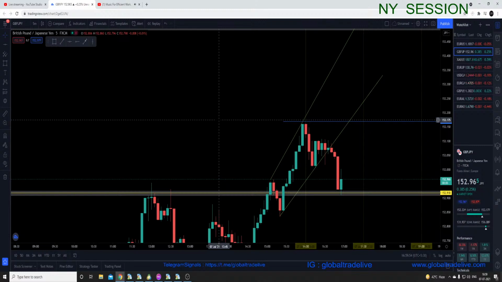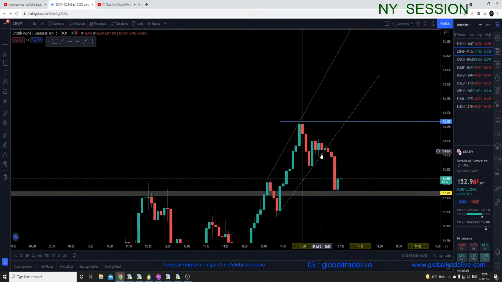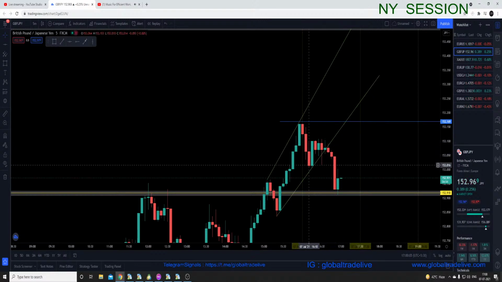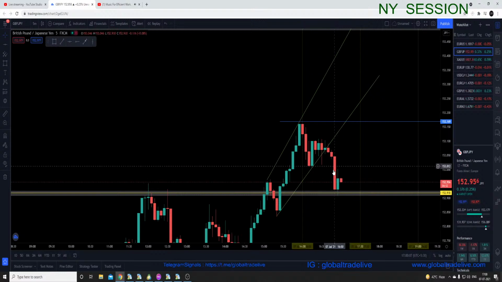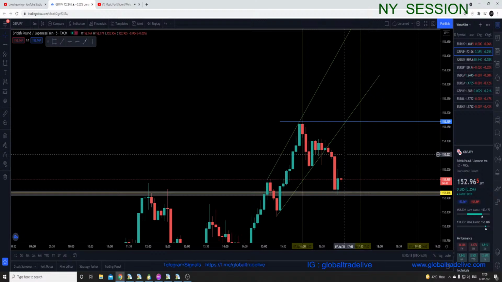Look here, I just missed a trade in front of you guys. At this point I was thinking of taking a sell trade, because the market was moving outside the trend line and everything was perfect, but there was only one thing which was not perfect, which is this rejection zone over here. So that's why I left this trade. It went all the way down, tapped 10 pips, but it's alright.